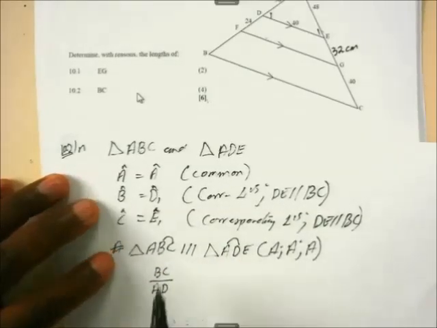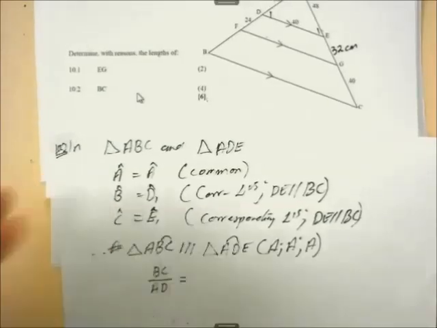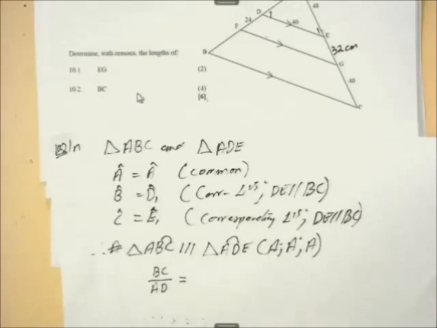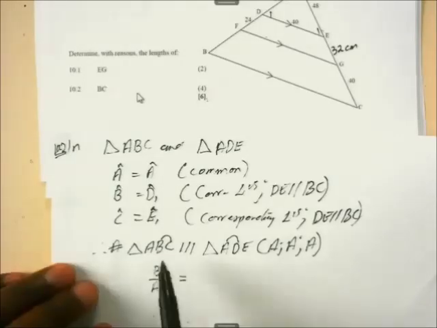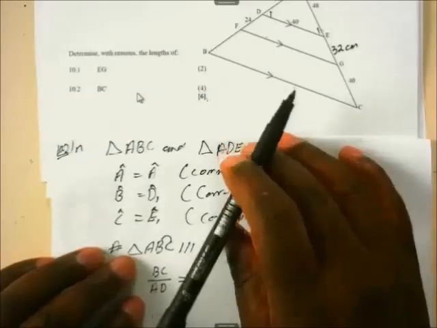AD. BC over AD will then be equal to, remember, if two triangles are similar, then their corresponding sides are proportional. Now we have proven that the two triangles are similar. Now I'm taking their sides proportionally, meaning that BC over AD will be equal to, let's check what we have.